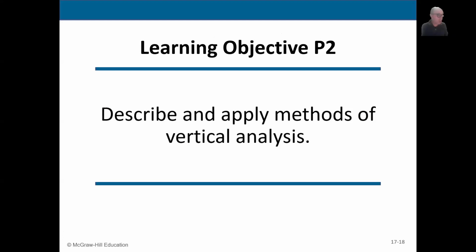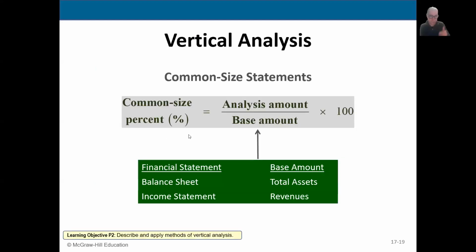Let's jump into the vertical analysis. And this, again, vertical, up and down. Vertical analysis is also called common size financial statement analysis. What we're doing here is looking at everything expressed as a percentage.